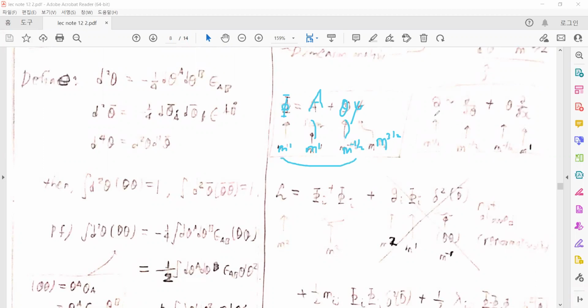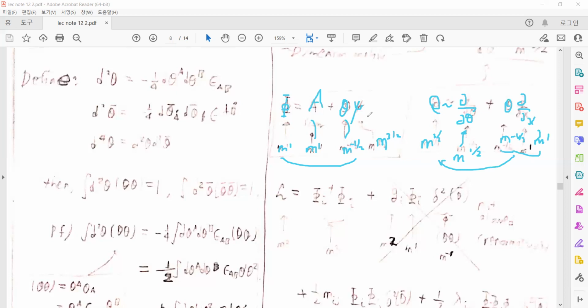And also we already know that the supercharge has a mass dimension of 1/2. So it is consistent with the partial derivative with respect to theta having a mass dimension of 1/2, and such a term appears in a linear combination of theta times partial derivative, where theta has mass minus 1/2 and the partial derivative has mass 1. So it is consistent with the mass dimension of the supercharge.